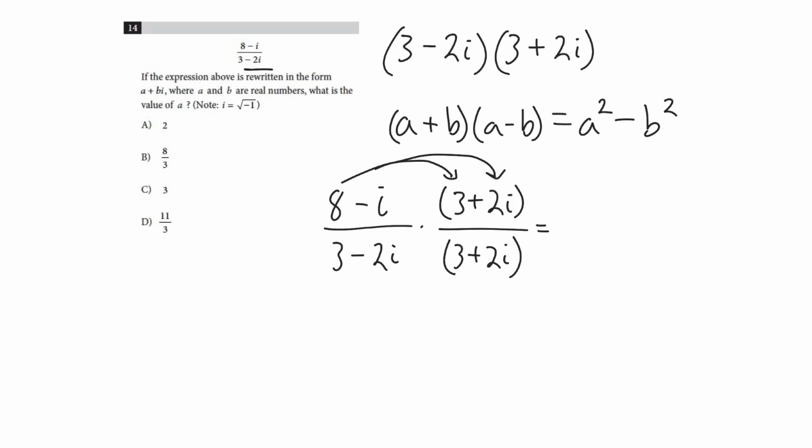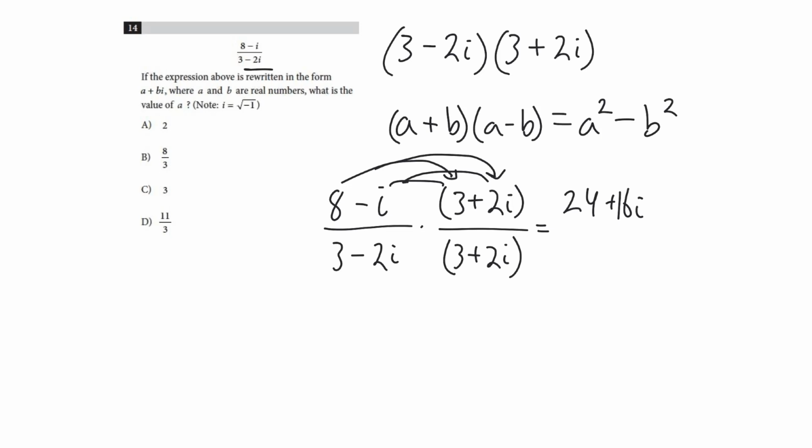So 3 times 8 is 24, and then 8 times 2i is 16i, and then I'm going to have negative i times 3 and negative i times 2i.